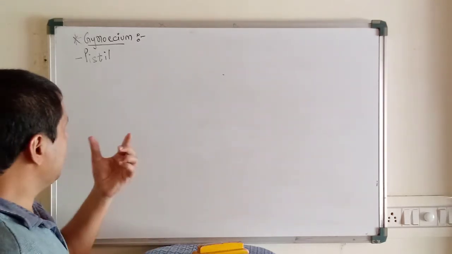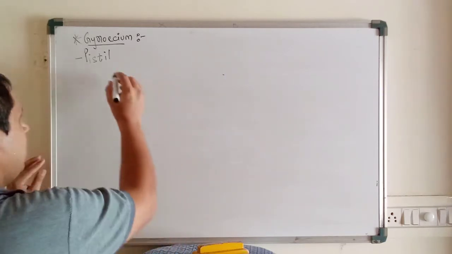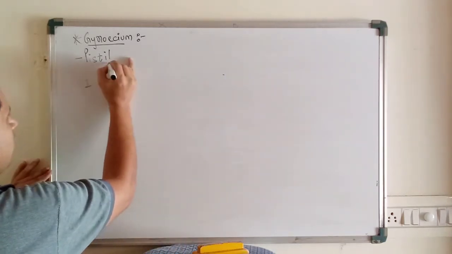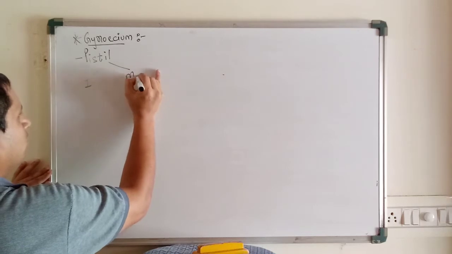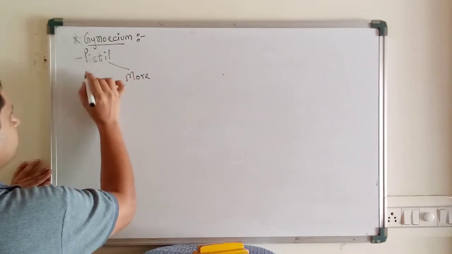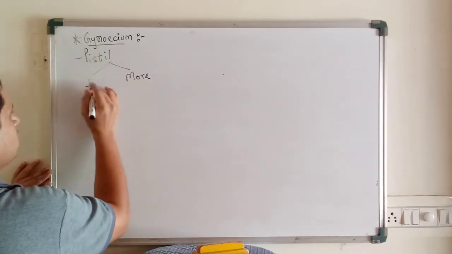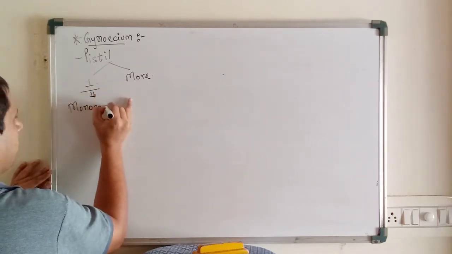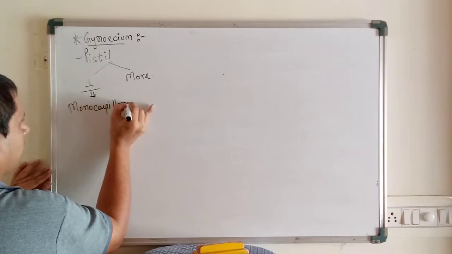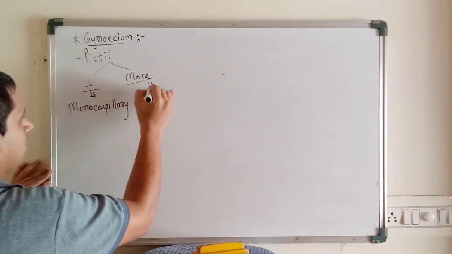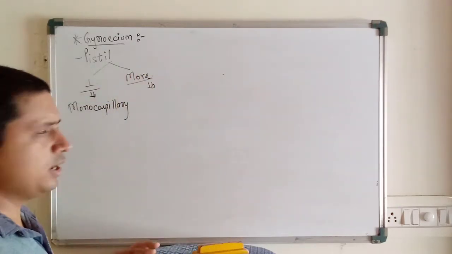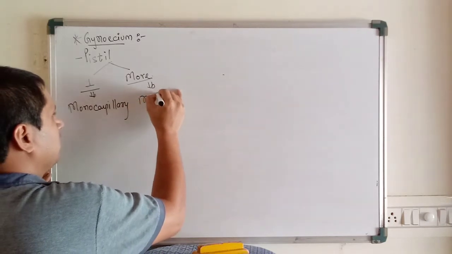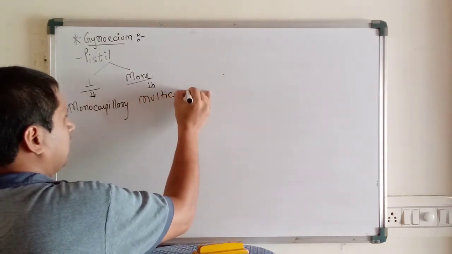But in a flower, the pistil may be one or more. If it is one, it is known as monocarpellary. And if it is more than one, it is known as multicarpellary.